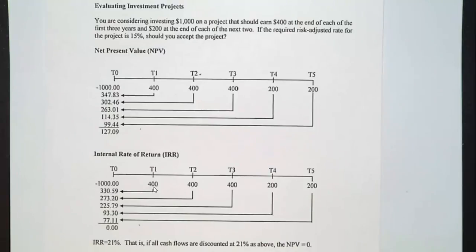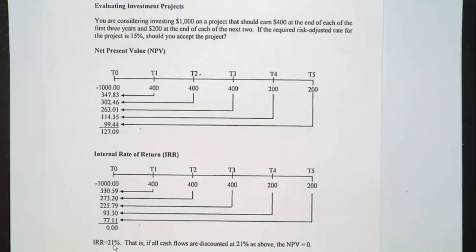We compare the internal rate of return to the required rate of return for a project given its riskiness. Anything that has an internal rate of return greater than the required rate of return is an accept decision. In this case, our required rate of return we assume to be 15%. Our IRR is 21%.